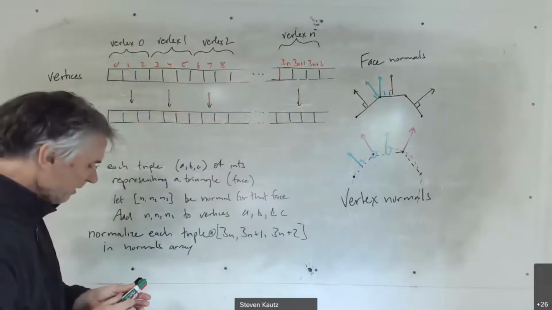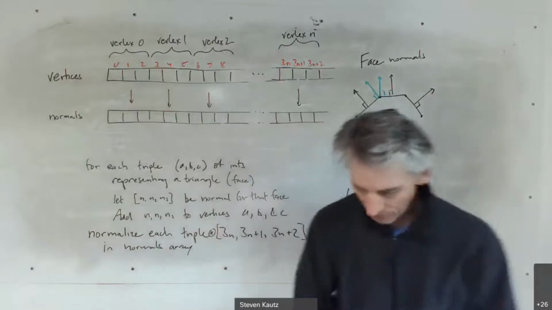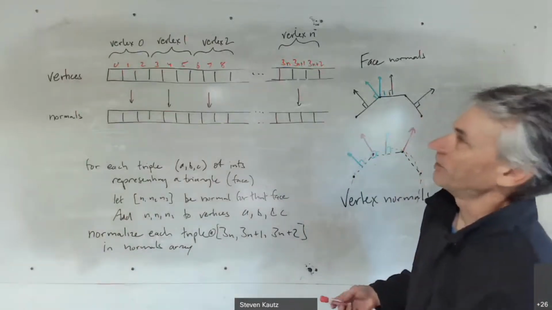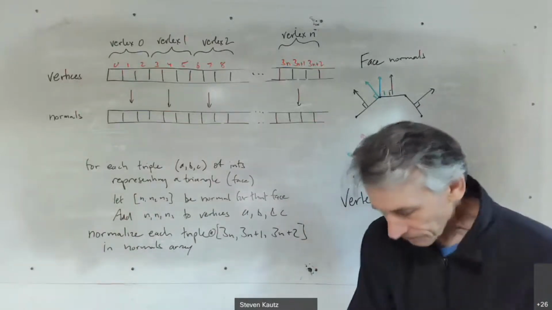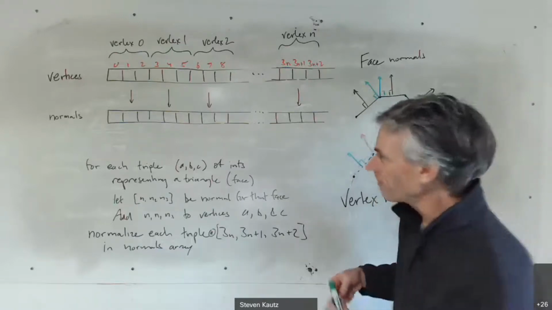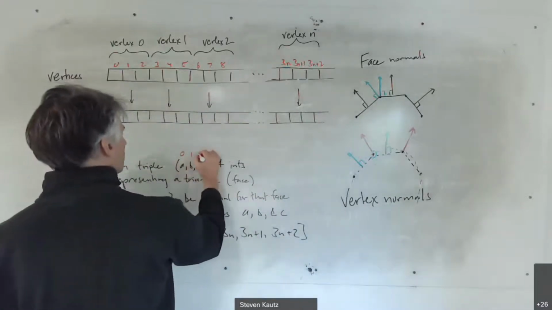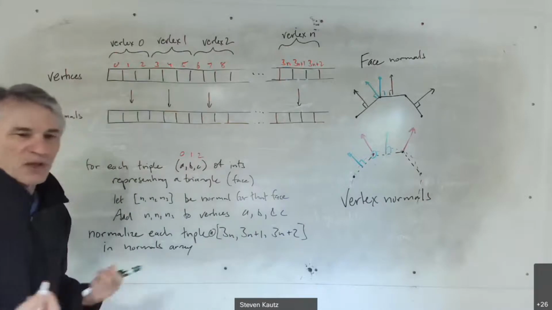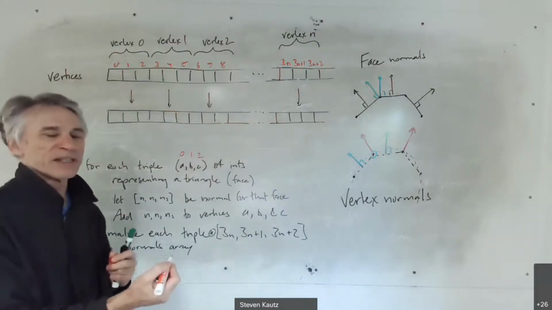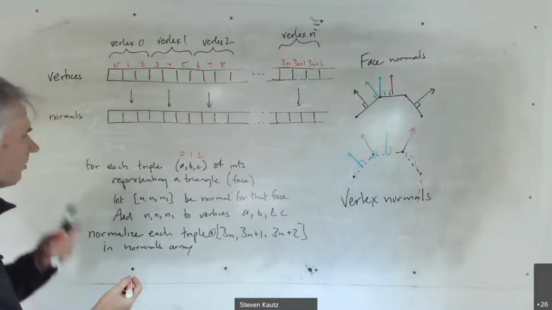So in other words, let's suppose, just as an example, based on what we have on the whiteboard, that I had a triangle, say 0, 1, 2. So 3 indices, a group of 3 indices represents one triangle in the mesh. And so what would I do?